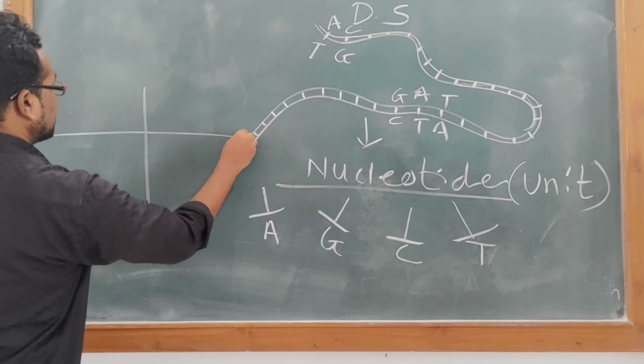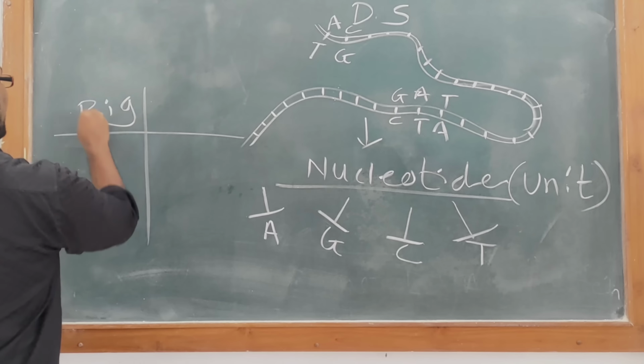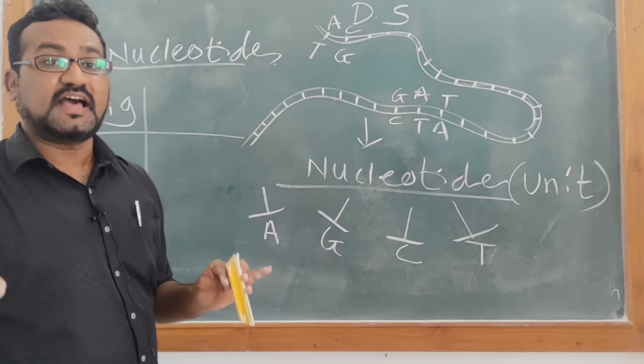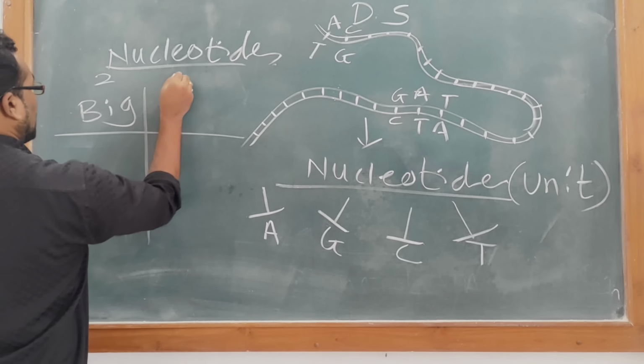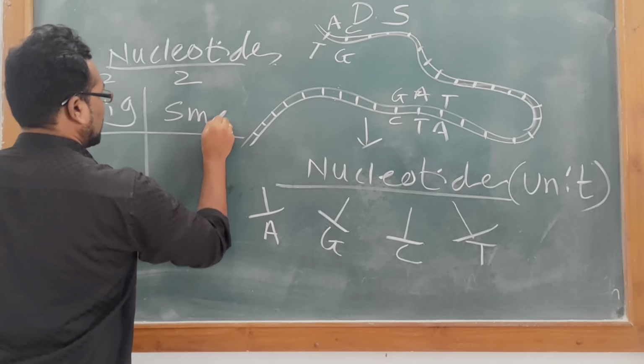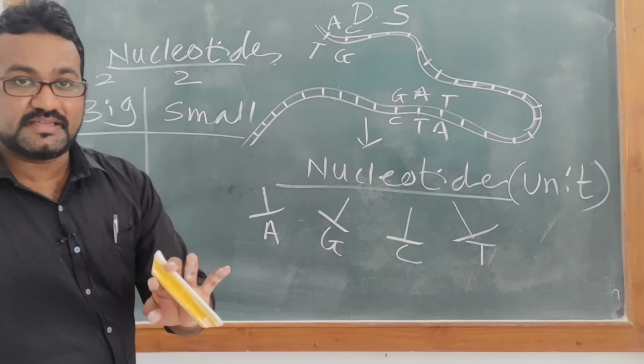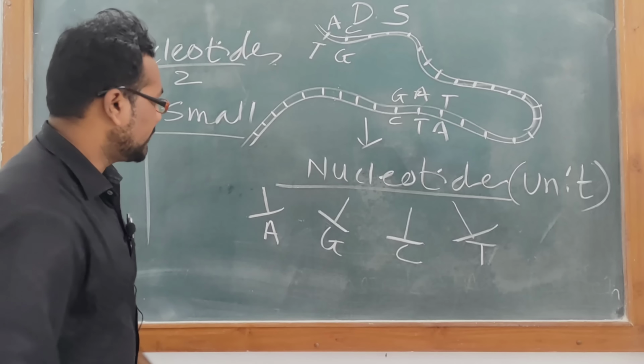Out of these 4 nucleotides, 2 nucleotides are big and 2 nucleotides are small.